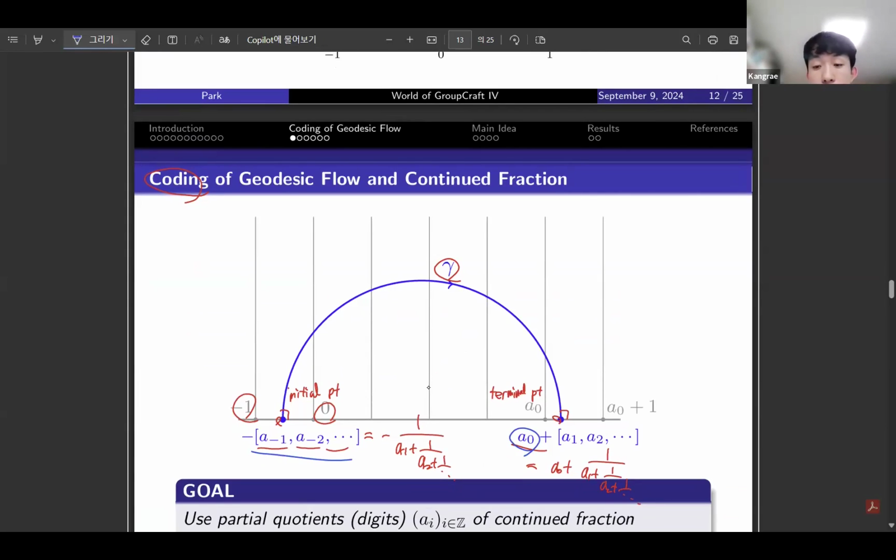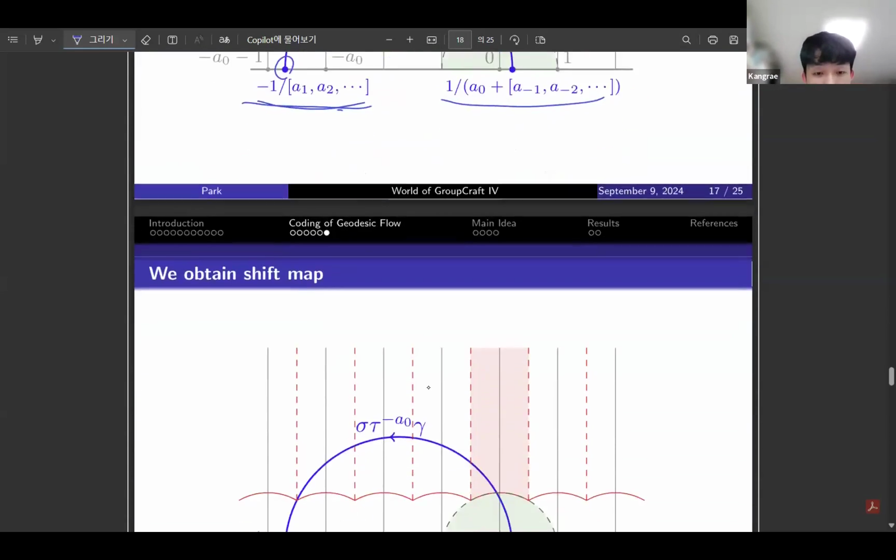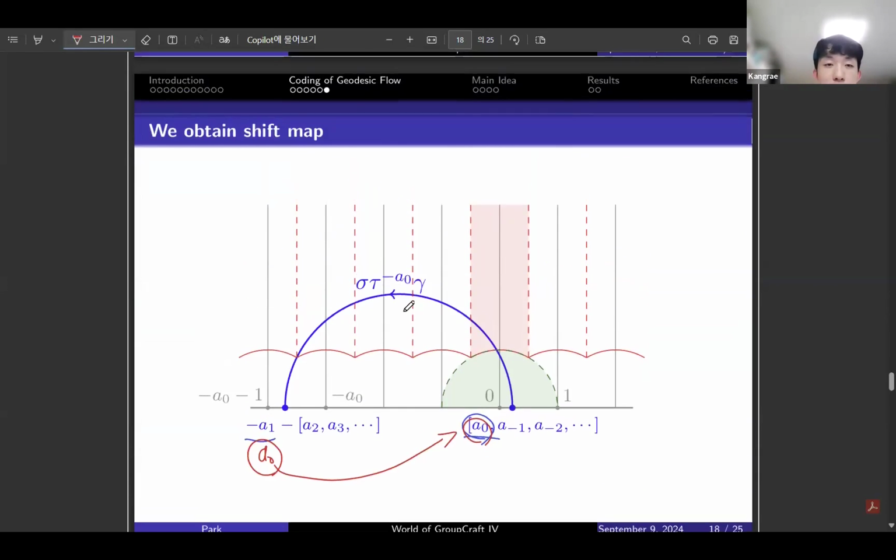And now the terminal point starts from a_1, and the initial point starts from a_0. So a_0 was here, but this a_0 moved to here. So we obtain a shift map from here.